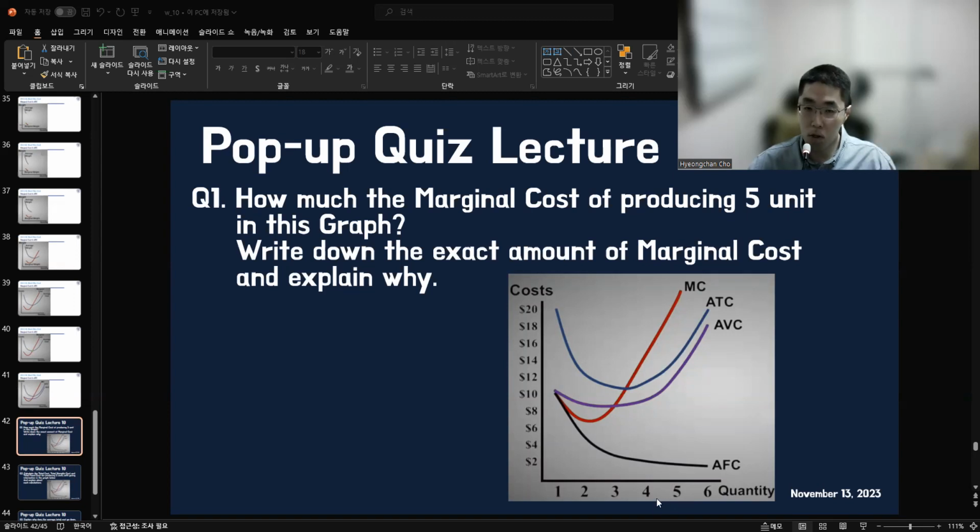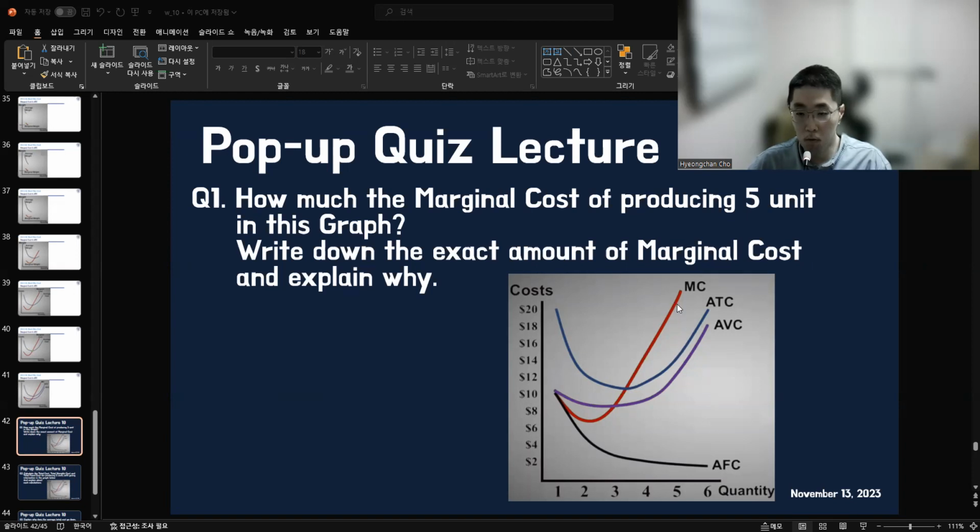In this question, you must find the marginal cost curve, and the marginal cost curve is this red curve, right? Quantity is 5 here, and go straight up from here to the marginal cost curve, like this. And then finally, you can find this point, and you can find the amount of marginal cost at this point, right?